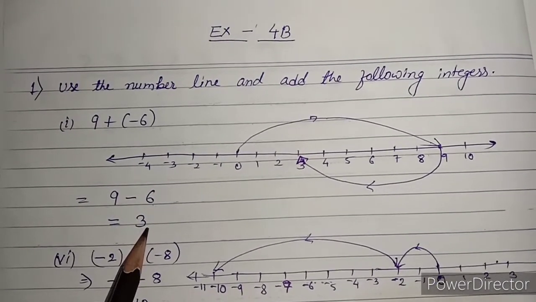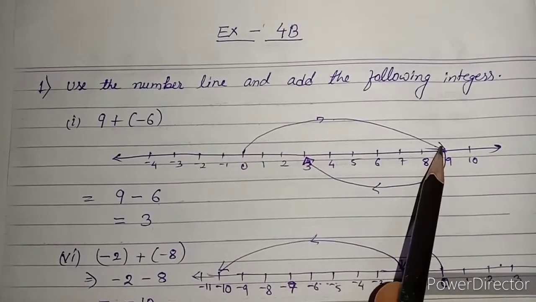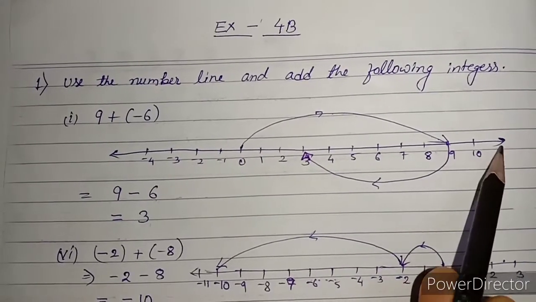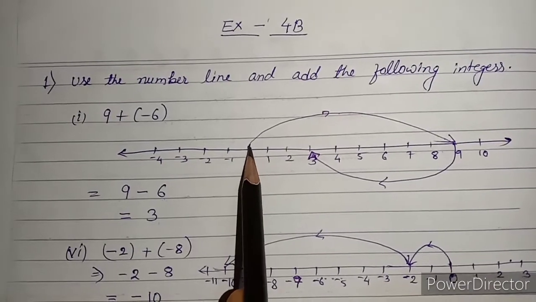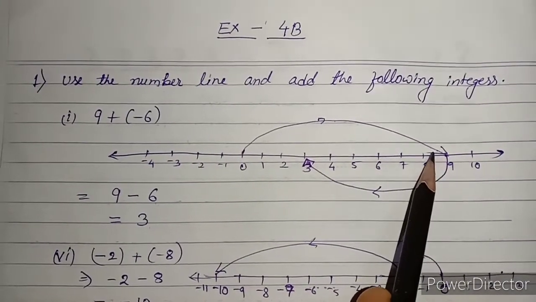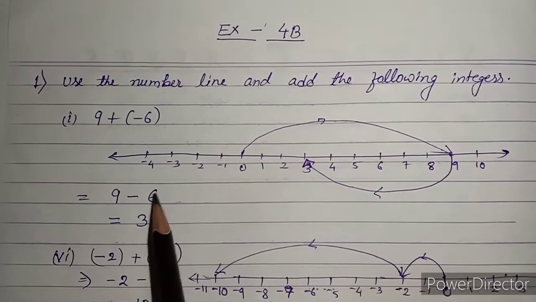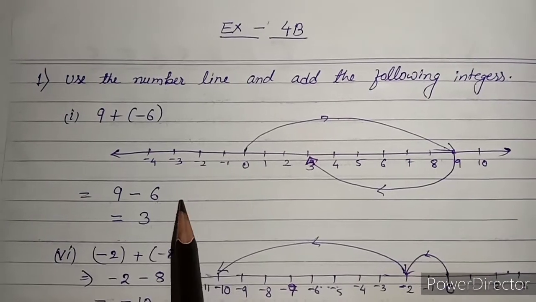But on the number line, first you have to move from 0 to 9, as I have represented this question on the number line. Now -6 is here. That means you have to move 6 numbers to the left direction.